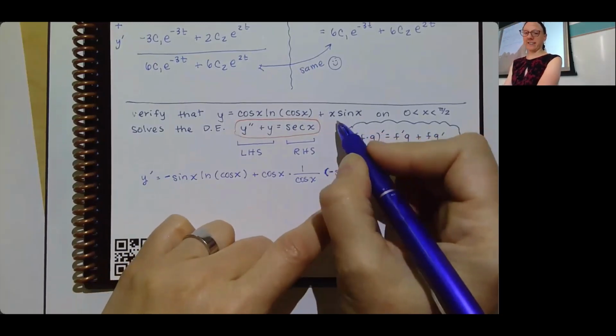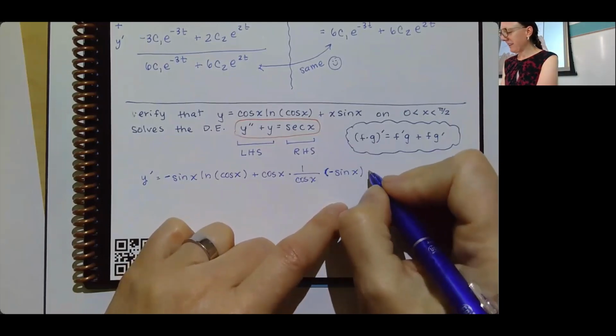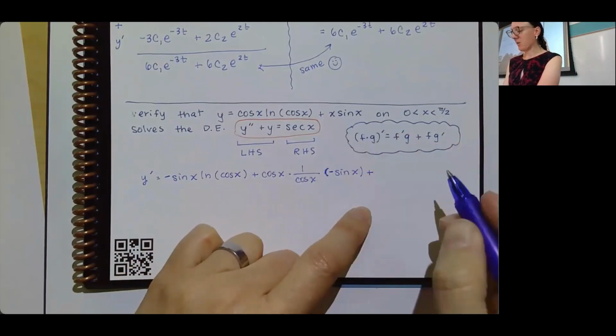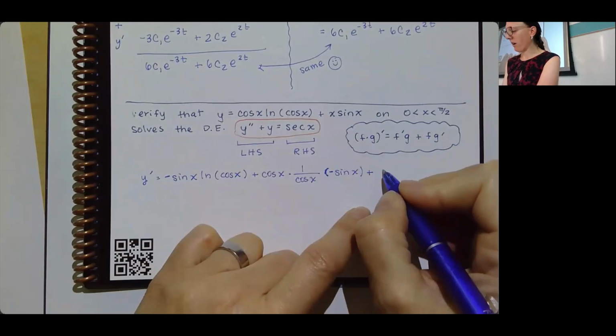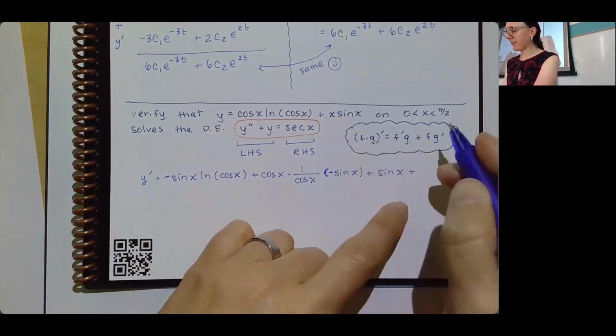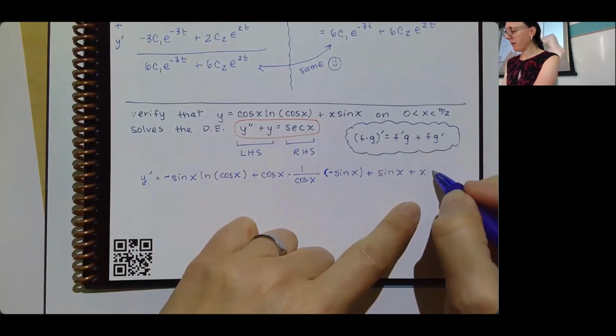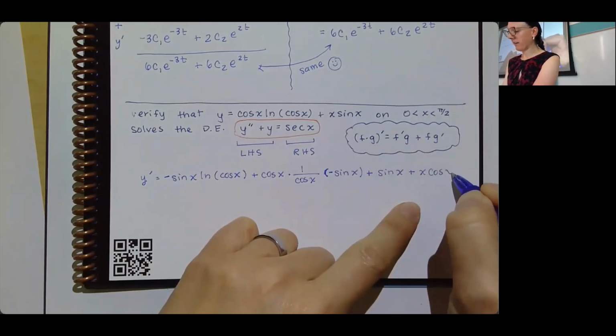Now I'm ready for the x times sine of x part, which is another product rule. Derivative of x is 1. So I'll have 1 times sine of x plus leave the x alone and multiply by the derivative of sine, which is cosine of x.